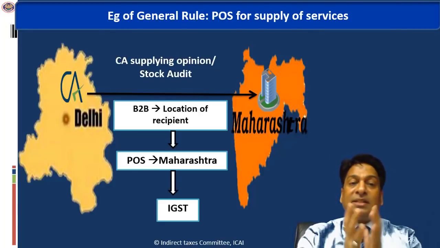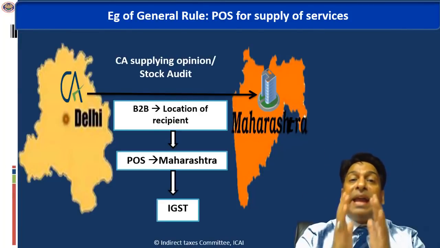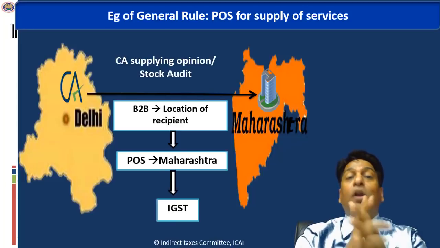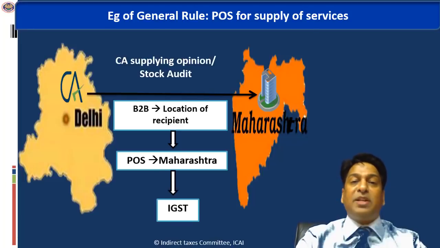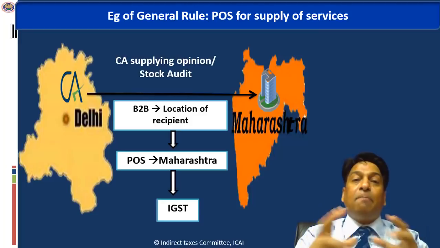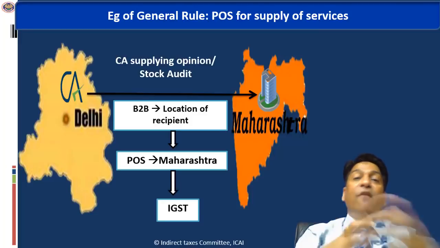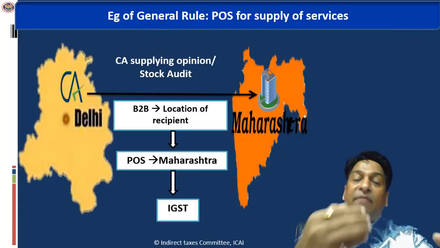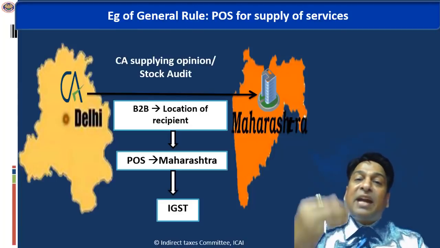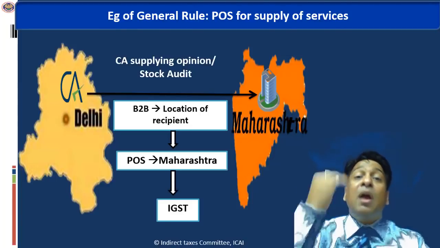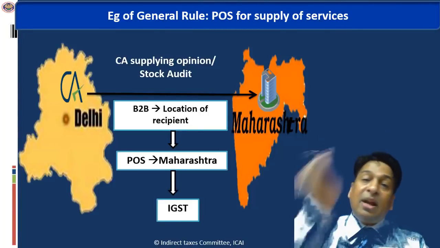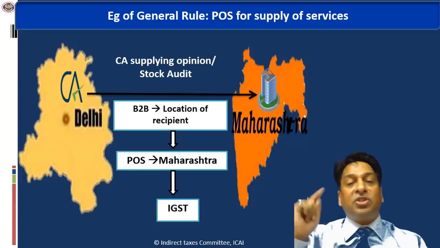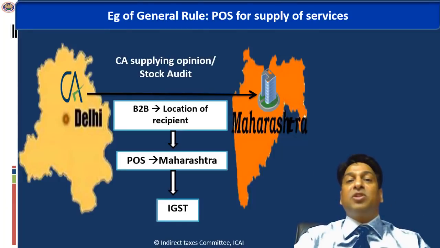This is the whole concept which I have explained in terms of the default rule. So we have to keep this provision in mind, and this kind of business methodology will evolve in time to come, and we have to really check whether these compliances are being done while undertaking GST on the concept of destination-based consumption tax.